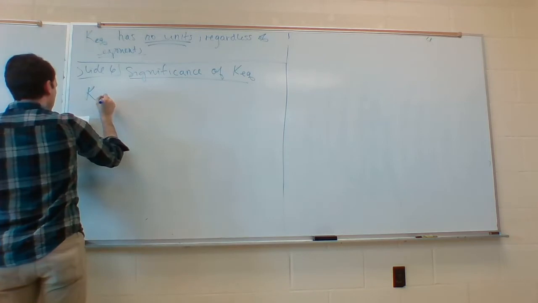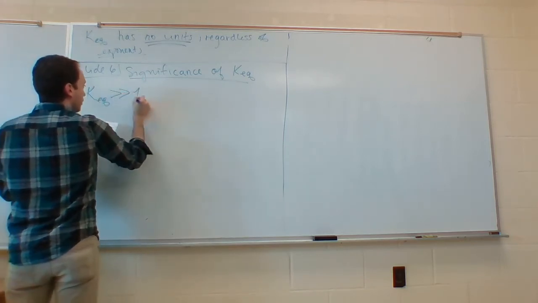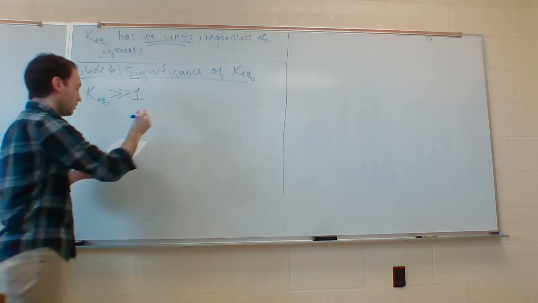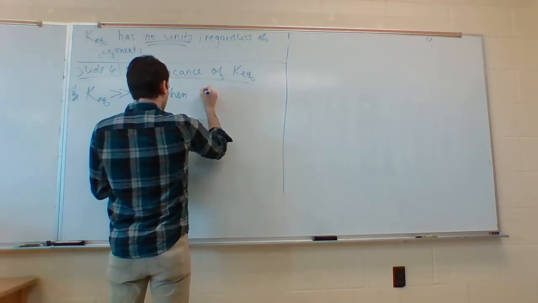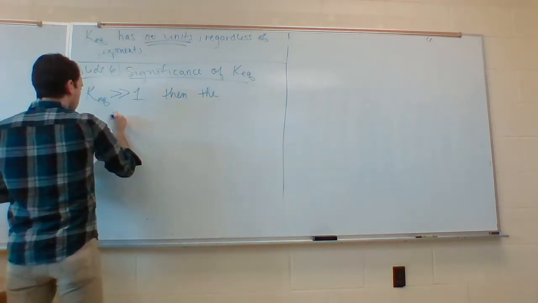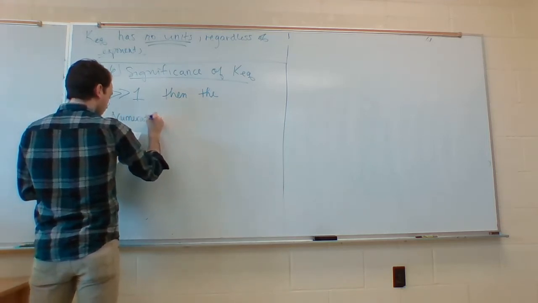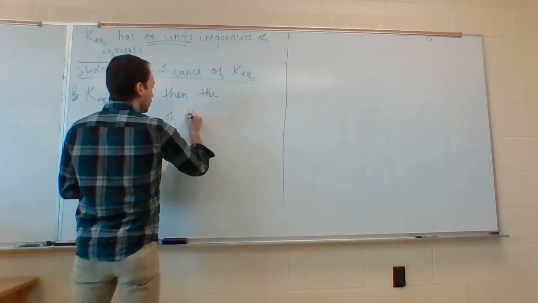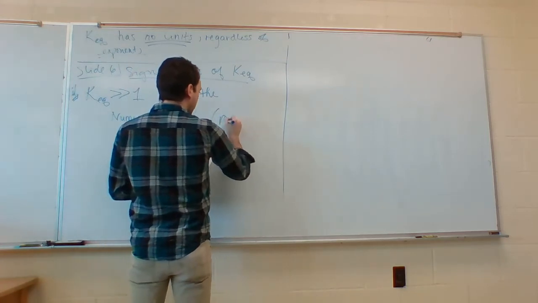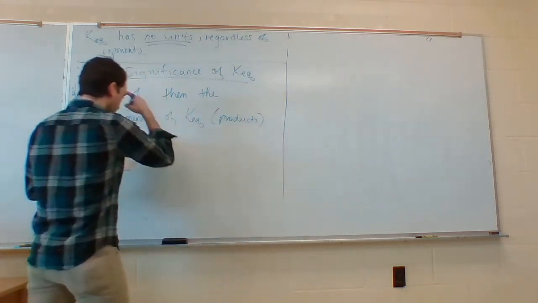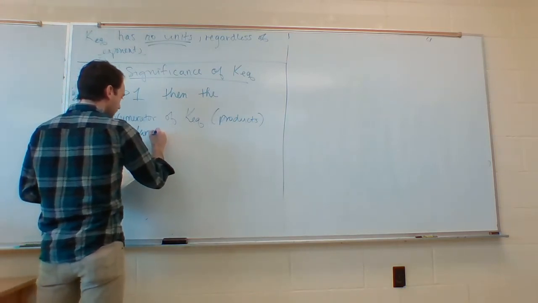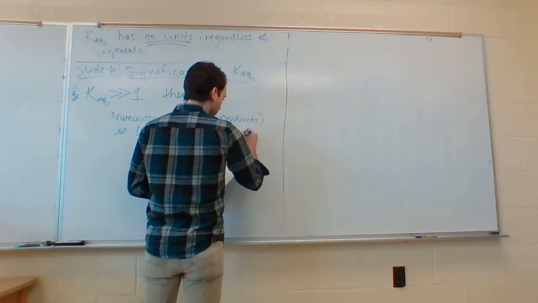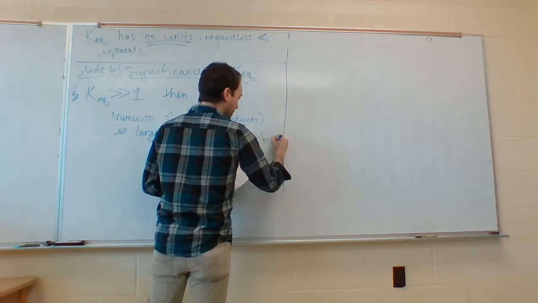If KEQ is much, much greater than 1, then that means that the numerator of the equilibrium constant, which is our products, is larger than the denominator, which is our reactants.